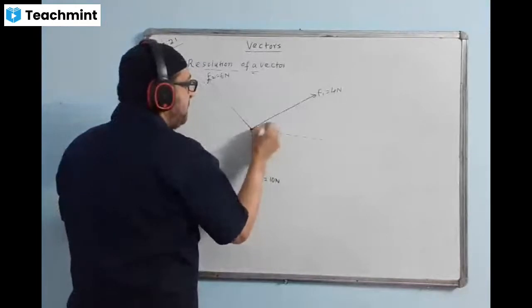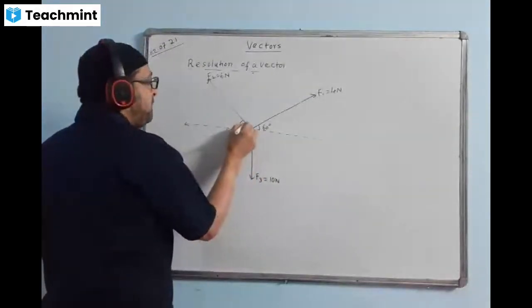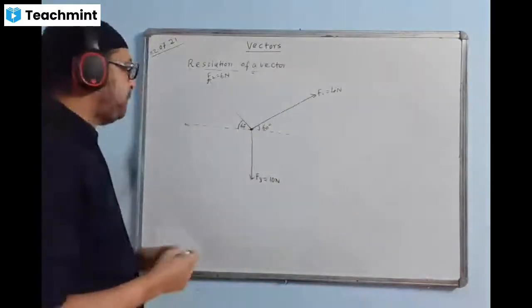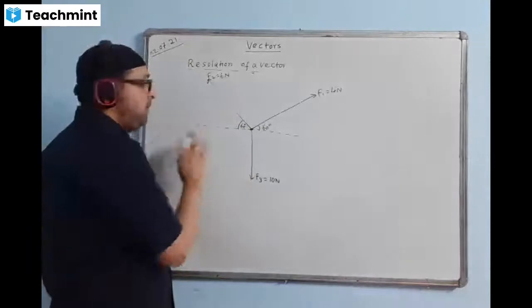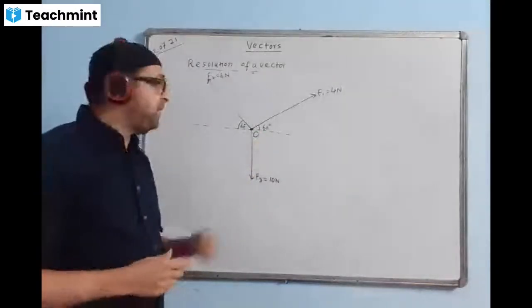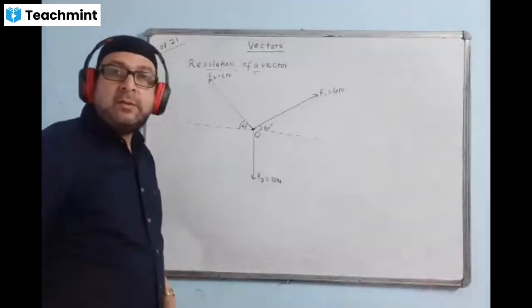This is given 60 degrees. This is also given 60 degrees, both the sides. Here is the point O. You have to find the net force acting at the point O in this diagram. Let us work it out.